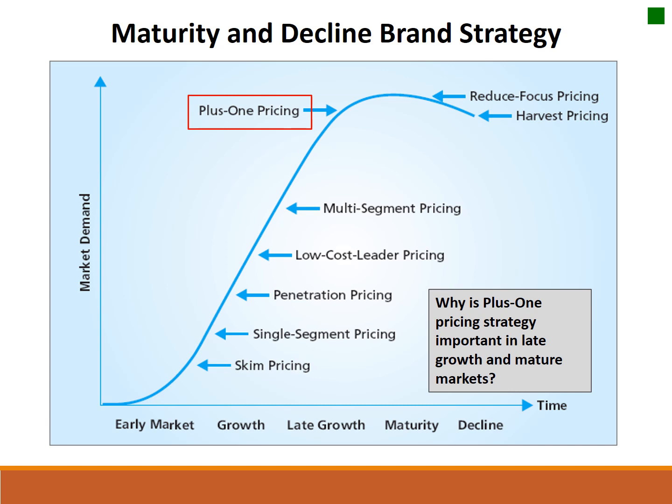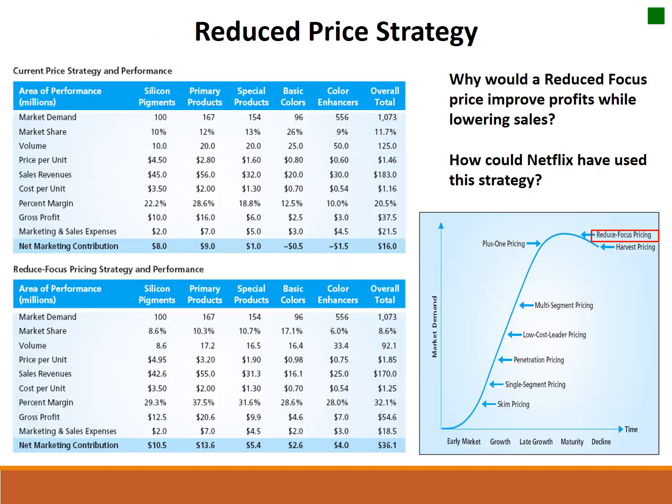The following area here would be a reduced focus pricing. A reduced focus pricing is one where you again continue to push additional benefits onto the customer, and what you might actually call this is a selective pricing strategy.